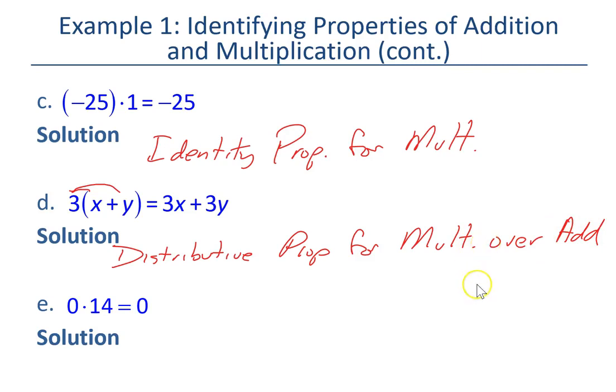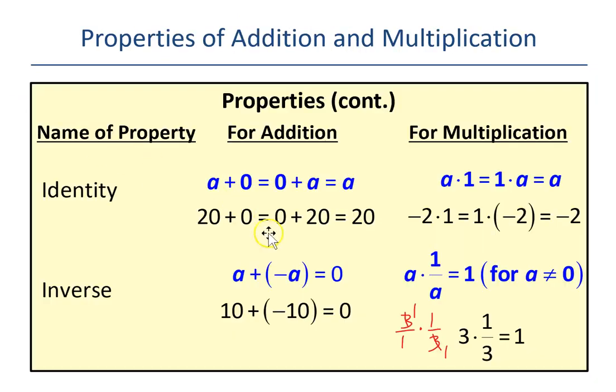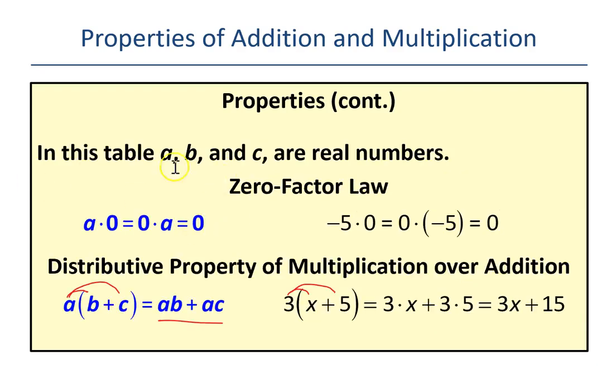Very good. Now look at this. I've got a 0 times 14 equals 0. We know that's very true. If we go back and start looking at our list, let's see if we can find it anywhere. We've got an inverse here. I do have a 0 here, but notice this is all plus. This doesn't work out because notice here I've got a 1. So let's keep looking. And look at this, we have the 0 factor law.